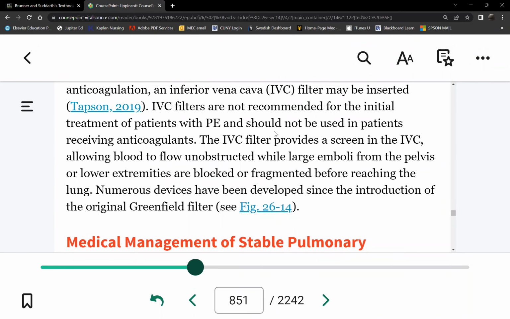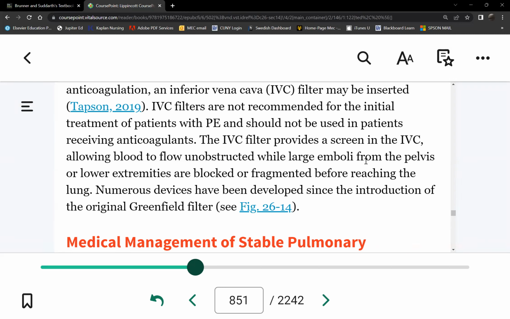Remember last week when I showed you the video? What does the body do after a clot is formed? Not sometimes. Always, it's going to be dissolved by the body. However, depending on the size and number, it will take time. So that's why we only give anticoagulants for the other types of PE, not thrombolytics.